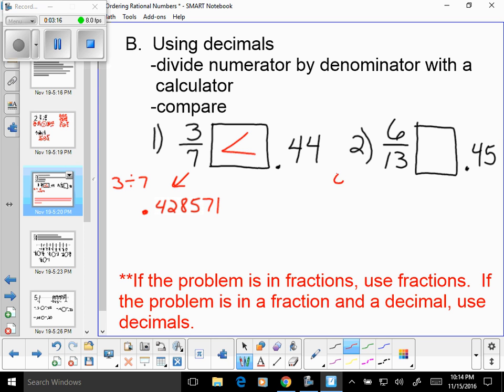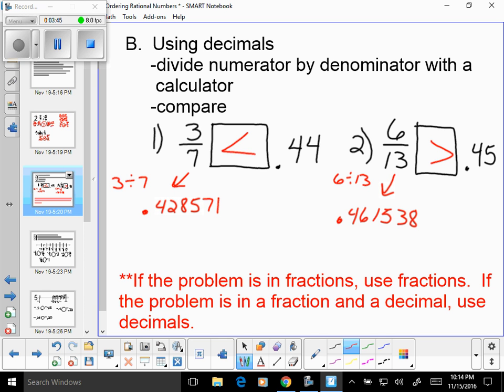Now again, I'm going to take my top number, divide by the bottom number of 13, and again, I get quite a repeat pattern. Some of these prime numbers have quite the repeat patterns. Okay, now here again, I have 4 in the tenths place on the left, a 4 on the right. Notice that on the left side, I now have 6 in the hundredths and 5 in the hundredths, so it has to be greater than.